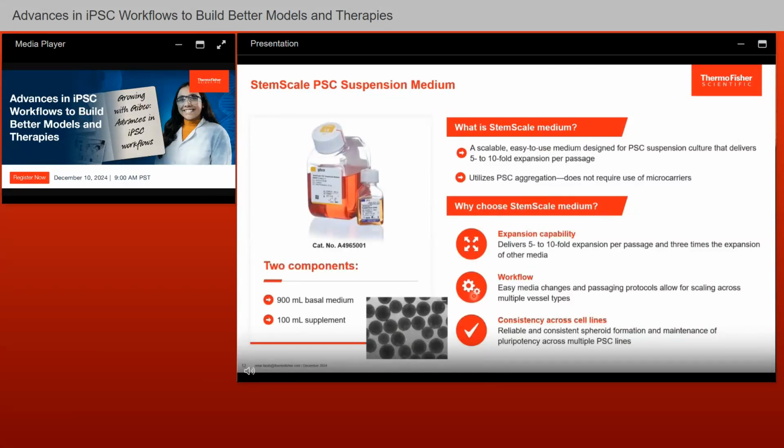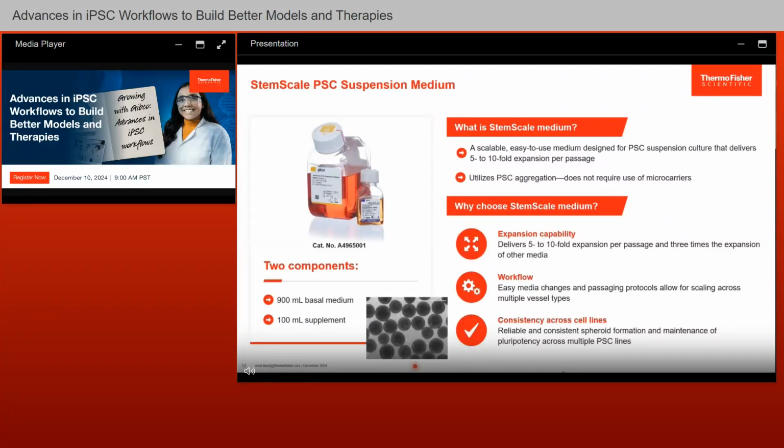In a very similar design of experiments, or DOE, approach to the one that we used to develop the StemFlex medium, our R&D team developed another media called StemScale PSC suspension medium, which is a scalable, easy-to-use media that supports the robust expansion of PSCs, delivering anywhere between 5 to 10-fold expansion per passage. This system uses a spheroid self-assembly method to promote PSC aggregation and growth, as you can see in the image at the bottom over here, and it doesn't require the use of any microcarriers or ECM substrates.